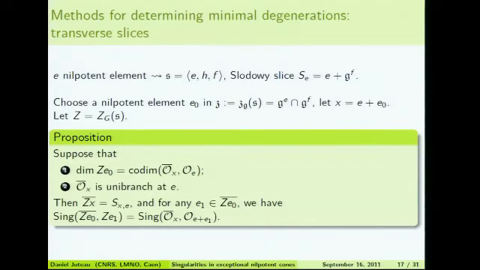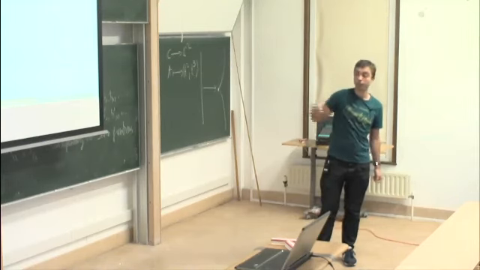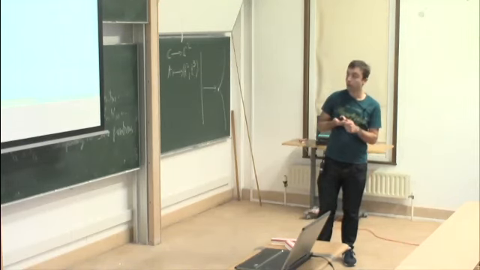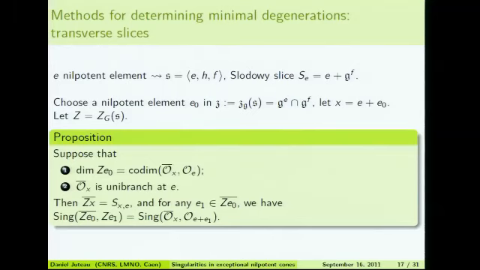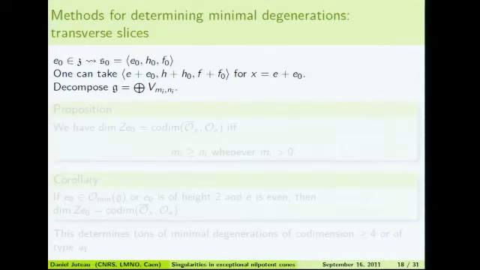So now we need some criterion for this dimensional coincidence to happen. I will give some technical details, but it's just to give you the flavor. I don't expect you to understand everything in detail. But this E0 also has an SL2 triple. And so you have two SL2 triples which commute.